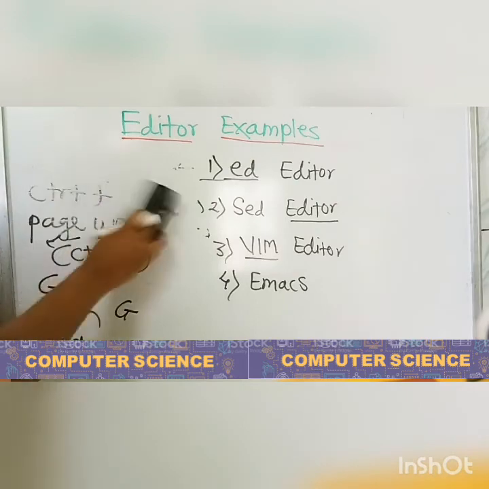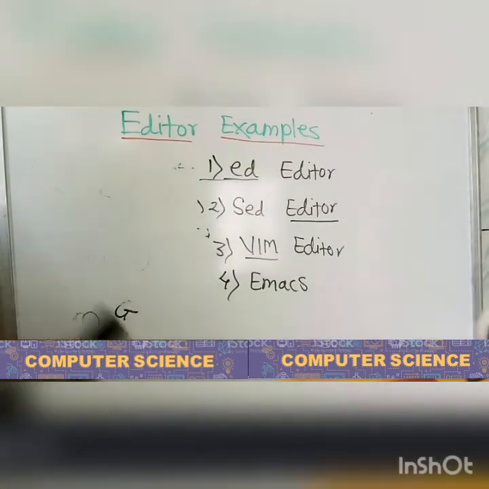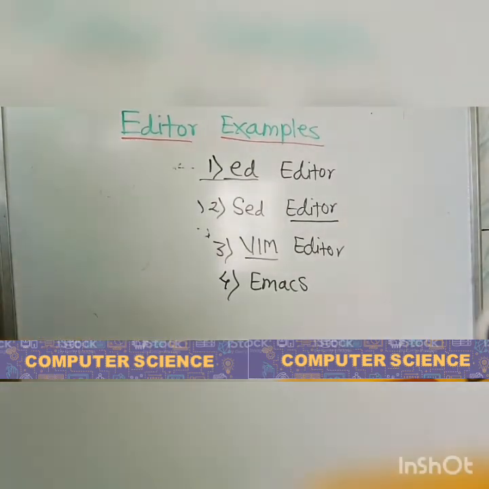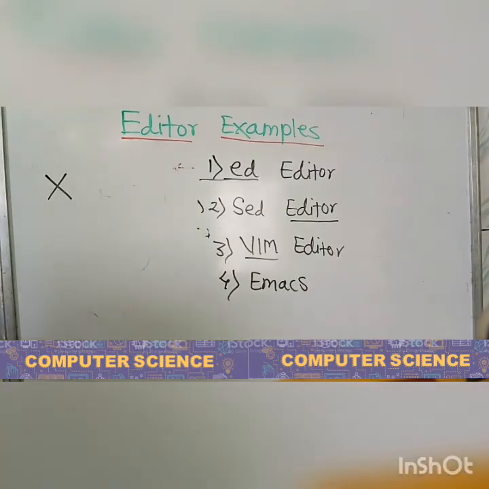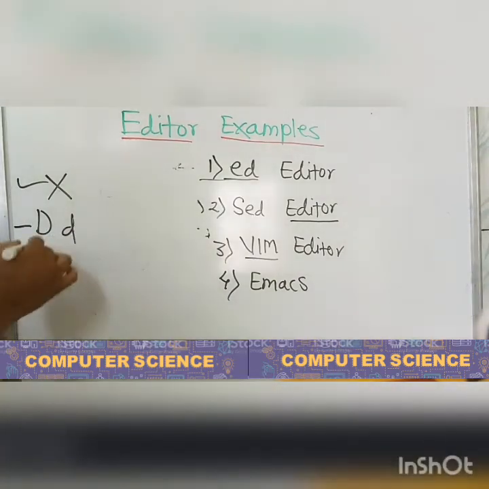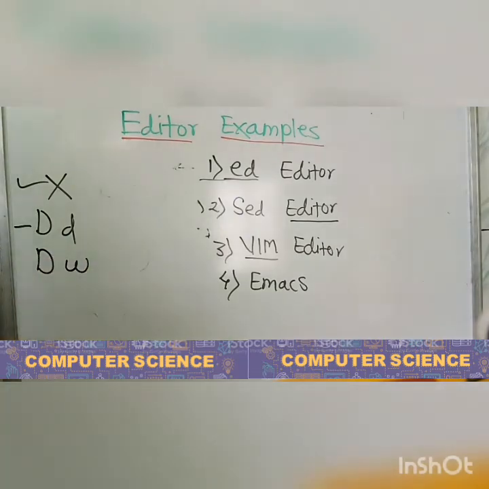Now we will see the actual VI editor commands. If we use the capital X, it deletes the character at the current cursor position. DD will delete the line at the current cursor position, meaning X is only for the current character and DD deletes the whole line. Then DW gives us the facility to delete the word at the current position.